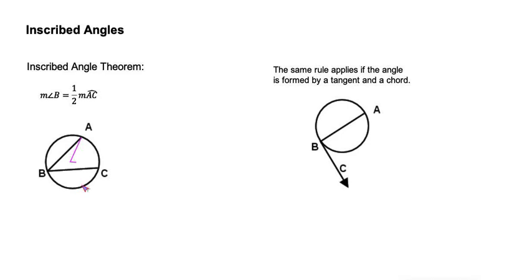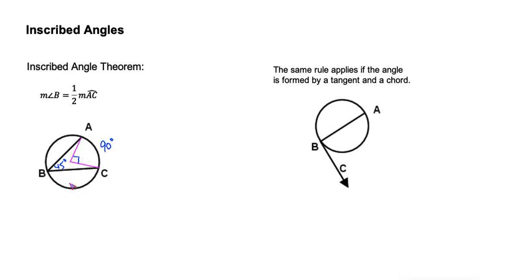So this pink angle would be a central angle, and its measure is exactly the same as the arc. So for example, if this arc is 90, then this is a 90-degree or right angle right there. And this angle, smaller than that one, is a 45-degree angle.